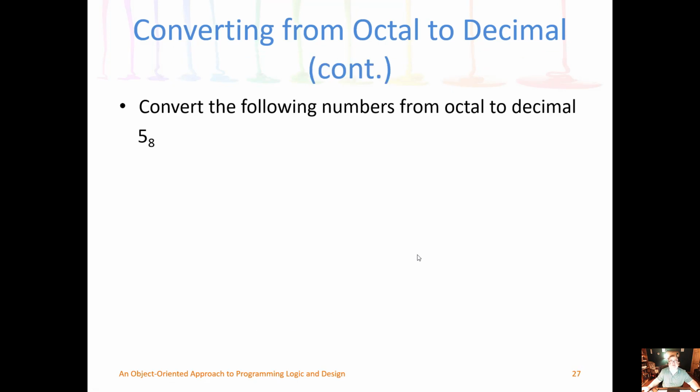So let's try converting some of the following numbers from octal to decimal. The first one is easy, 5 in base 8. Why is it easy? Because the first 8 digits, if you include 0, are the same in decimal as they are in octal. So 5 in base 8 is just 5 in decimal.